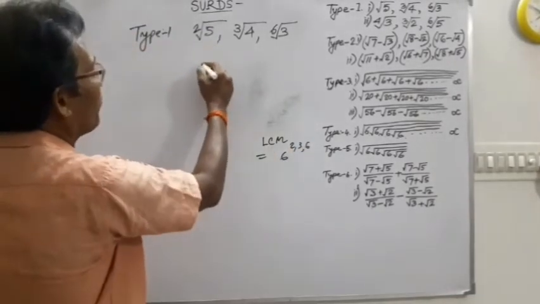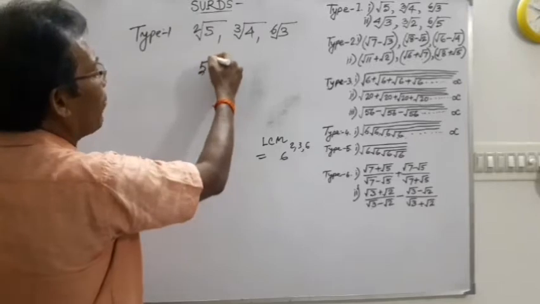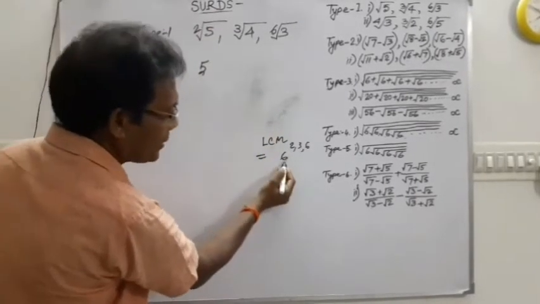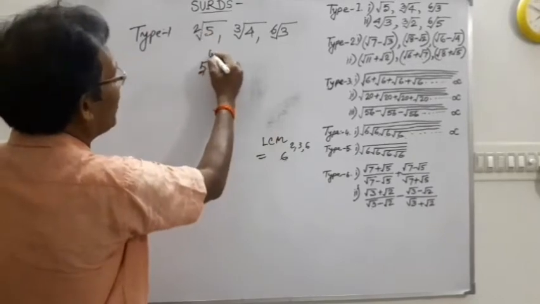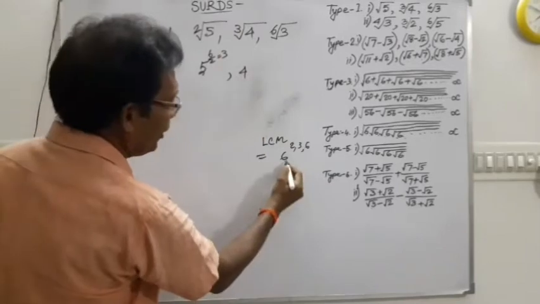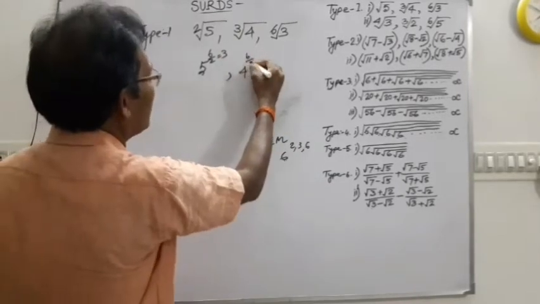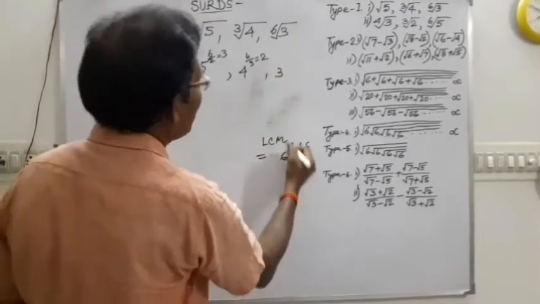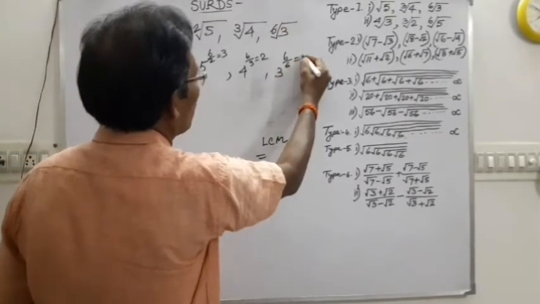Now, the power of 5 will be 6 divided by 2, that is 3, a cube. The power of 4 will be 6 divided by 3, that is 2. The power of 3 will be 6 divided by 6, that is 1.